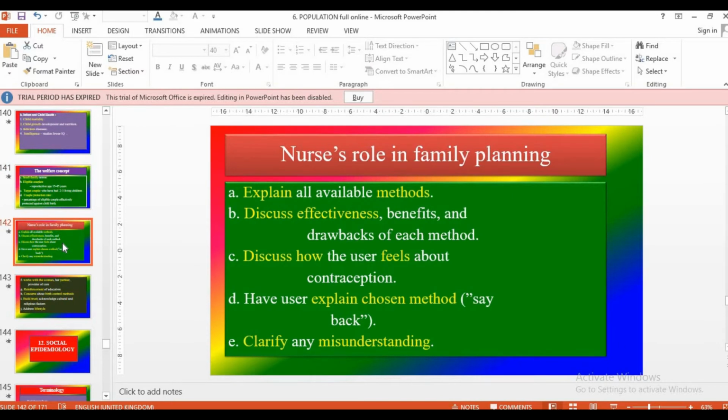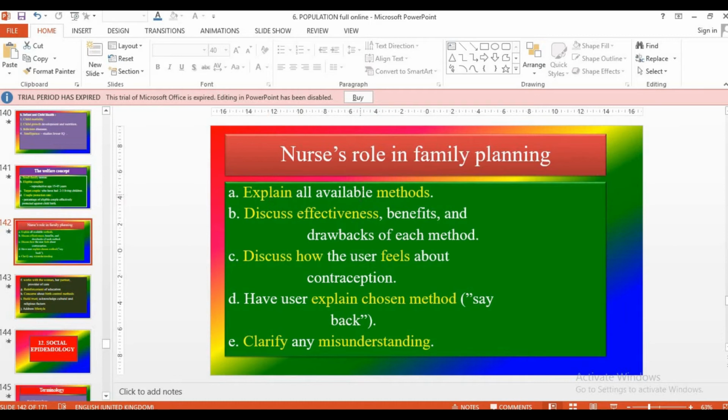The nursing role in family planning. Nurses play a fundamental role, mainly in the administration and management of all family planning services.